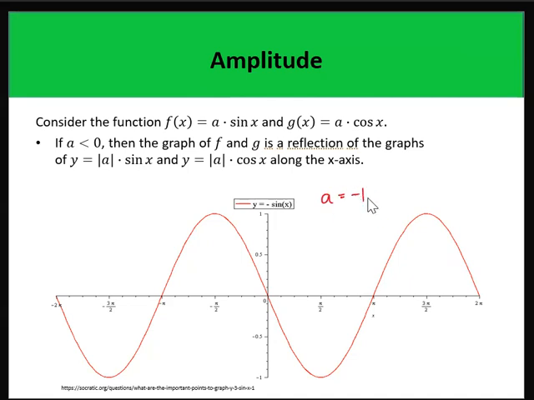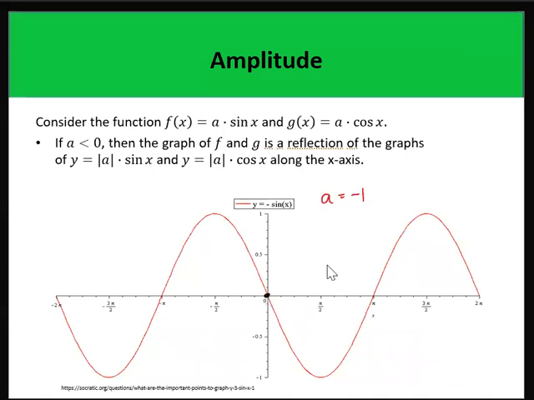So if we get the absolute value of this A, the absolute value is 1, so the amplitude is 1. However, since A is negative, then we have to get the reflection of the graph of the basic sine function.